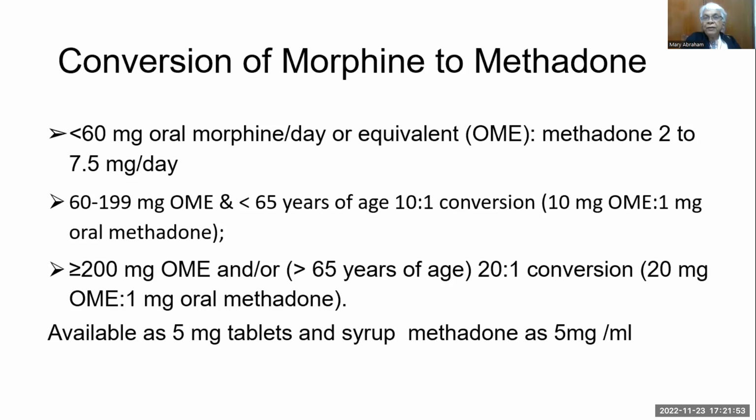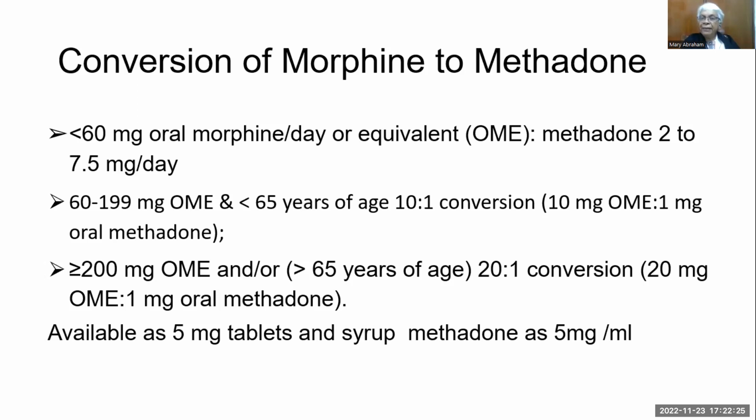So when you convert morphine to methadone, this is a conversion table that you can keep in mind. If the morphine dose is less than 60 mg per day, then the oral morphine equivalent is 2 to 7.5 mg per day of methadone. If it is between 60 to 199, then the conversion is 10 milligrams of morphine for 1 milligram of oral methadone.